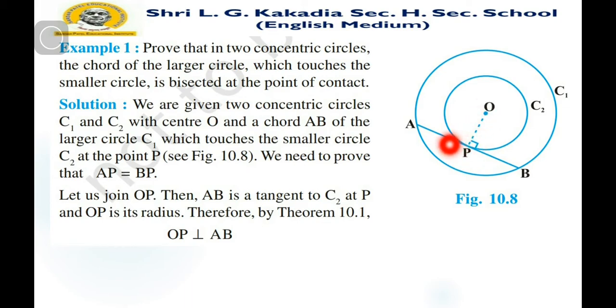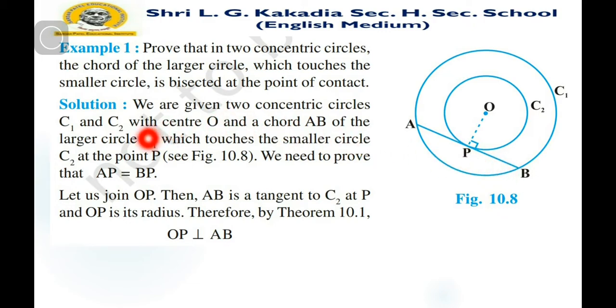OP is also perpendicular to AB on circle C1, and we know that a perpendicular drawn from the center of the circle divides a chord into equal parts. So we can easily say that AP is equal to PB, and OP is a bisector of AB.